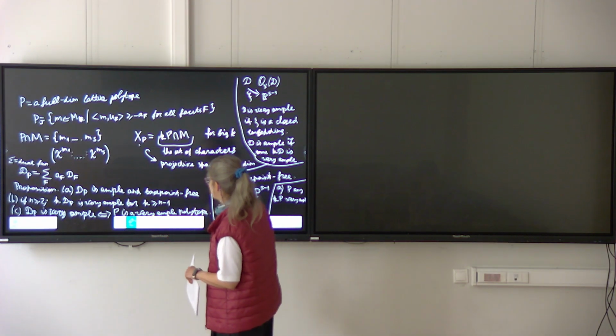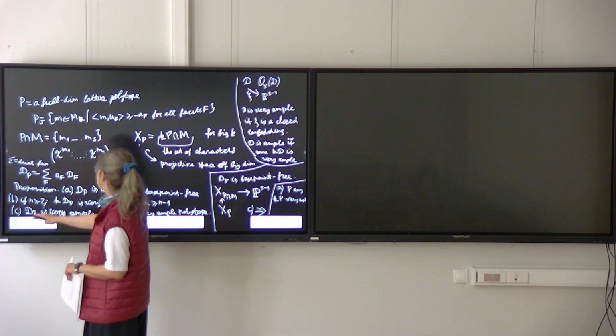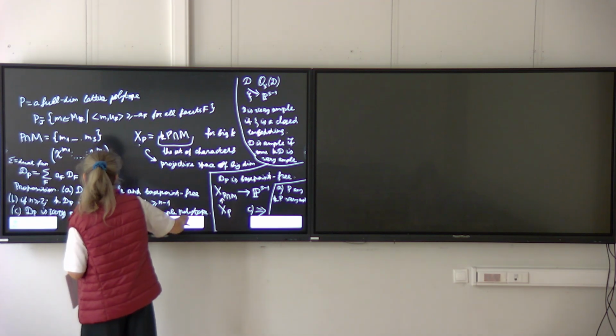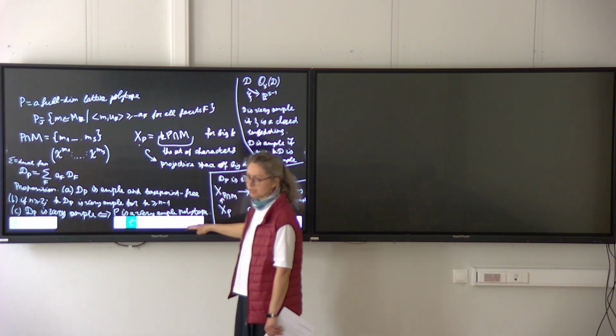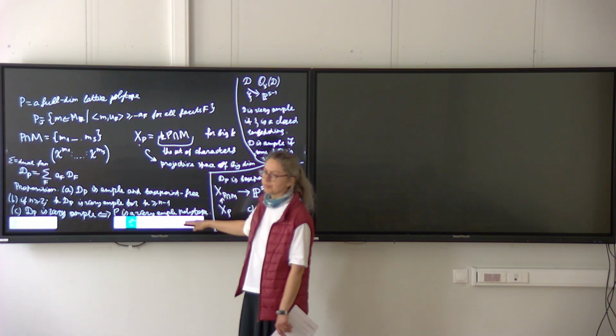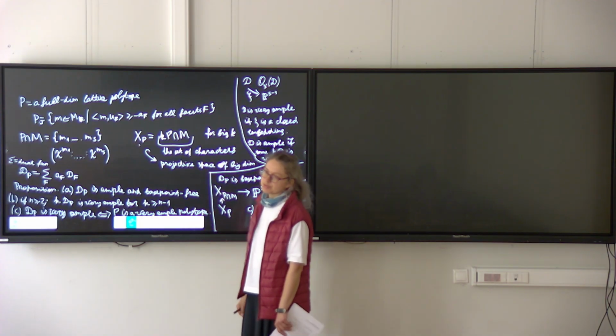I omitted the algebraic geometry formulas in part C: how do we map varieties to the projective space?